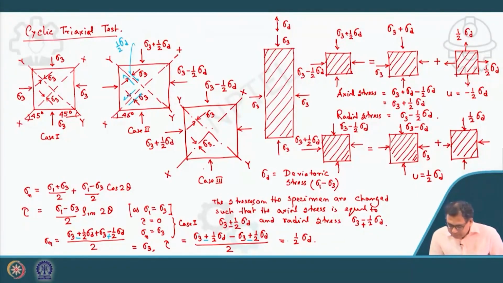So I can write minus, and if it is positive, red color is for case 2 and blue color is for case 3. So now the shear stress value will remain same, but the direction will change.